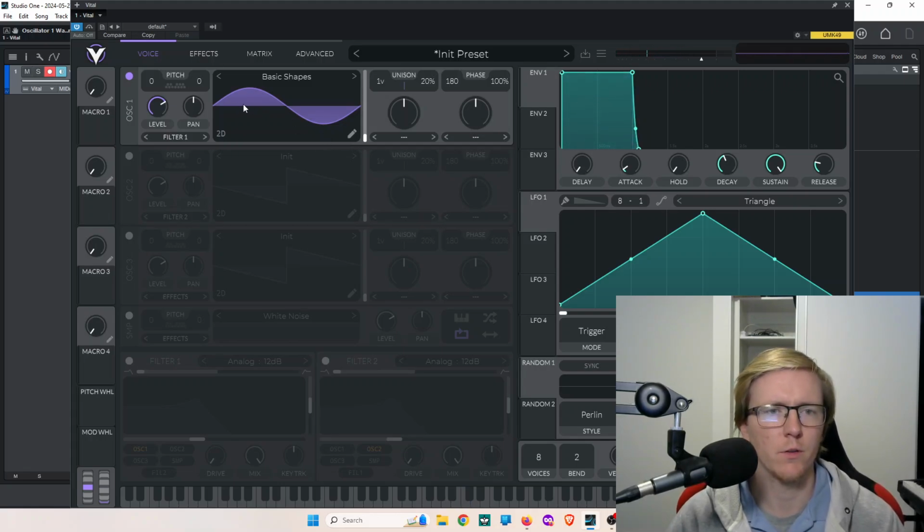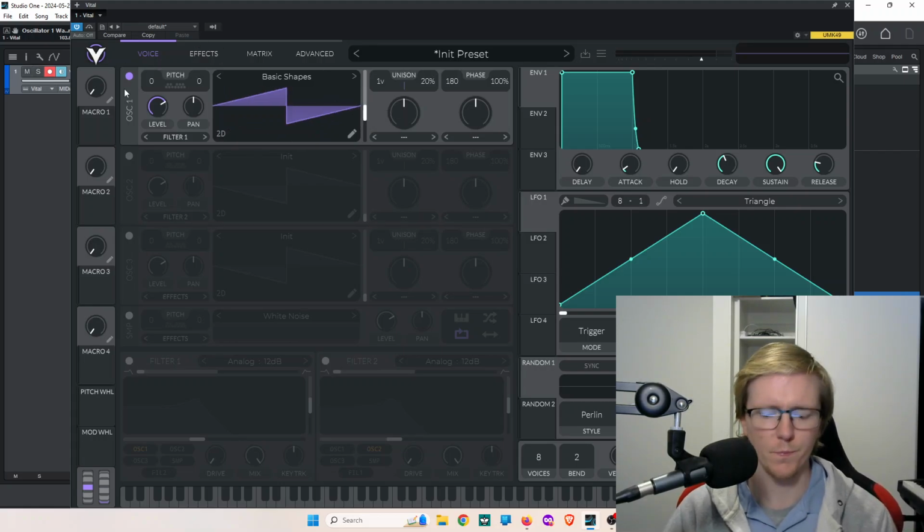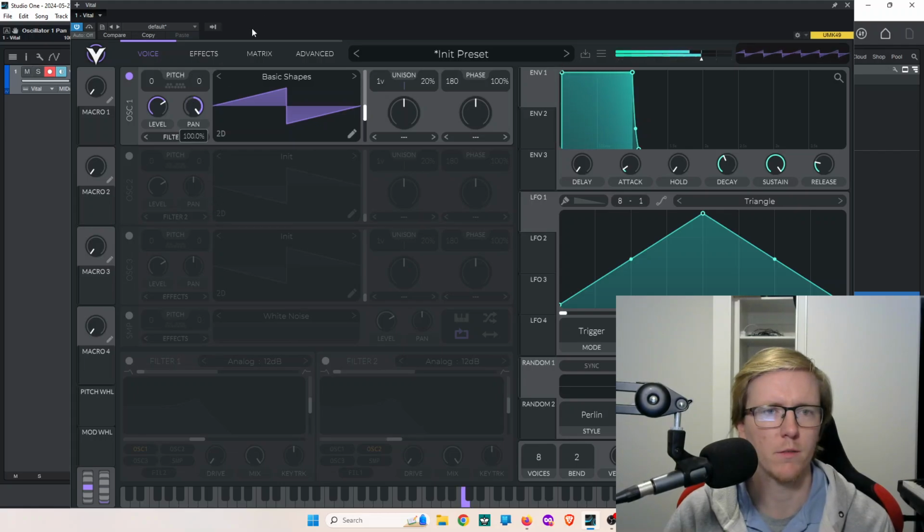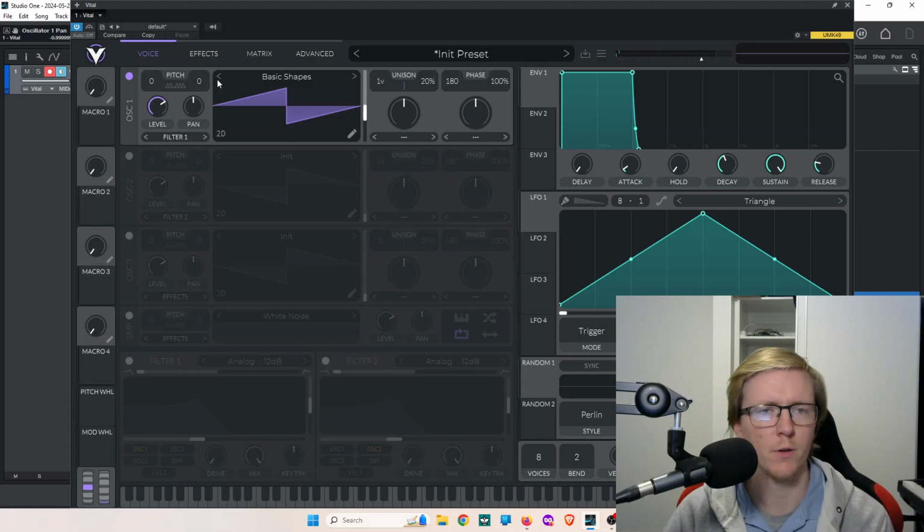Right, so I'll just show you a couple of other functions that we have in the oscillator section here before we wrap this one up. I've got volume. That's the volume just of that oscillator. I've got pan, left and right. And I have 2 tuning options here, so I can move this up and down by semitones. Let's go to a sine wave just to make it a bit less harsh.